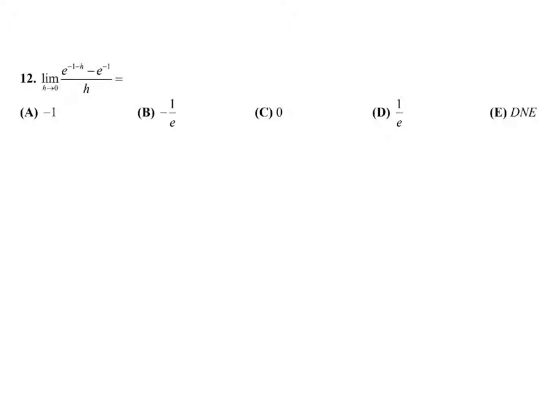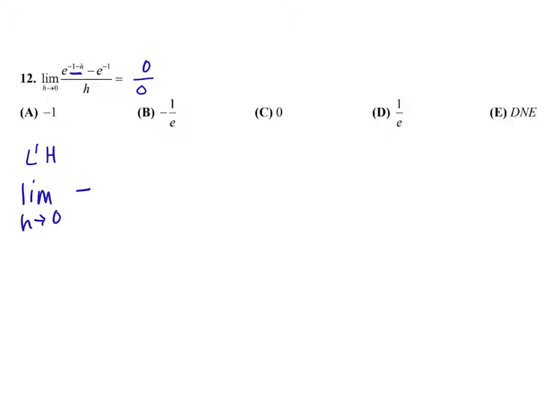Okay, again, we can probably do L'Hopital's rule again. If we plug in 0, we are going to get 0 over 0. So let's do our L'Hopital. We have our limit as h approaches 0, and the derivative of each of the stuff is going to be stuff prime.